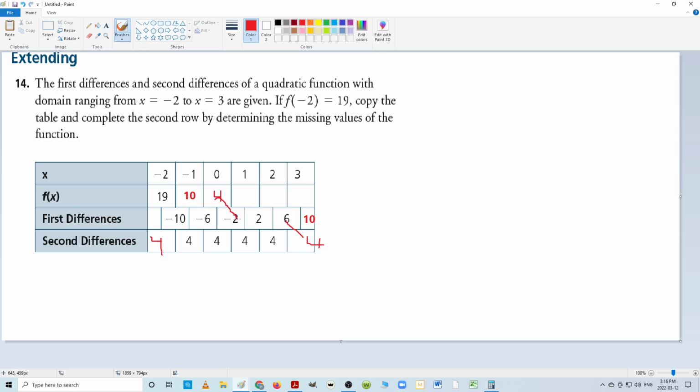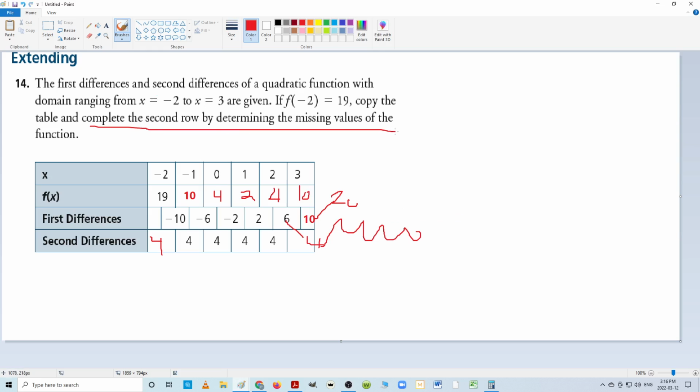Then if I'm subtracting 2 from the 4, I'm going to get 2. Then if I'm adding 2 to the 4, I'm going to get 4. And then when I'm adding 6 to the 4, I'm going to get 10. And you can go on forever because the next one's adding 10. And then you could figure out all the second differences and then all the first differences, and you could figure it all out.